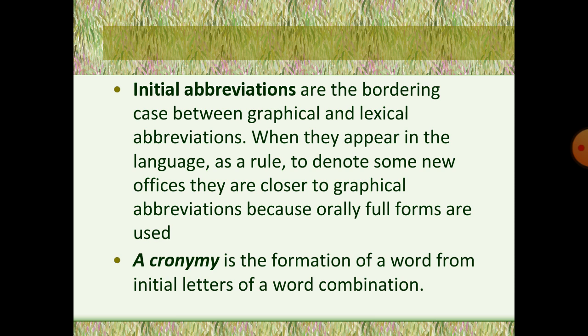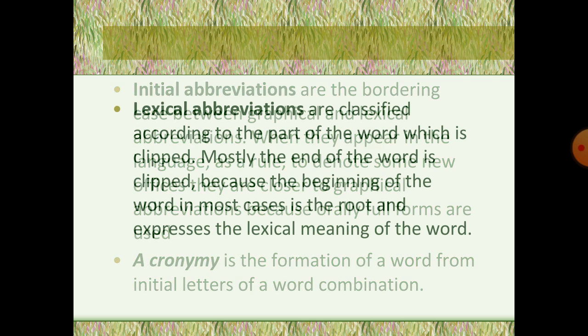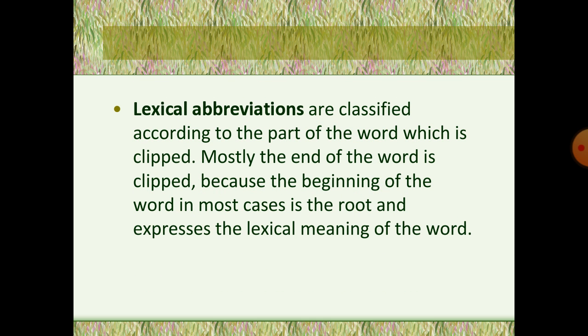Abbreviation of words consists in clipping a part of a word. As a result, we get a new lexical unit where either the lexical meaning or the style is different from the full form of the word. Lexical abbreviations are classified according to the part of the word which is clipped.